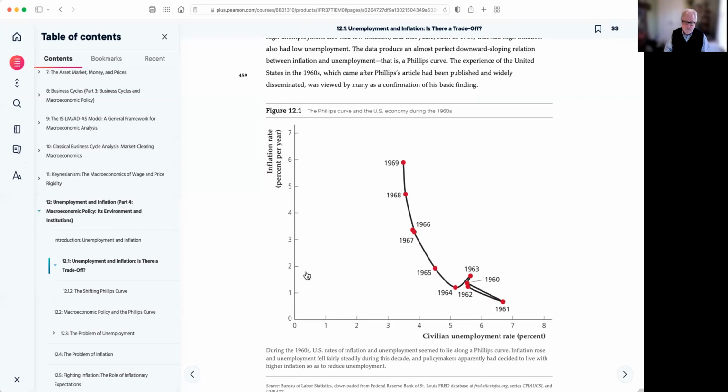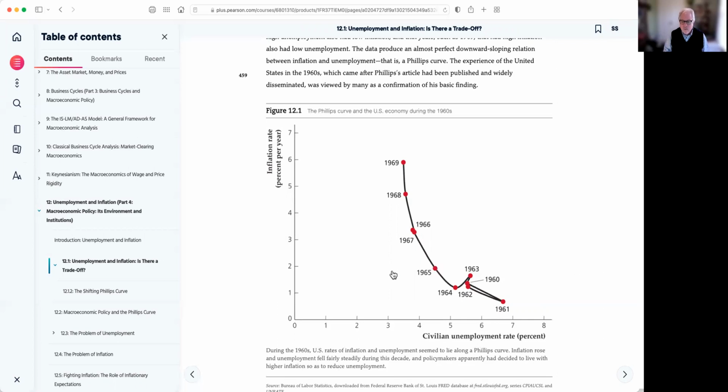Notice that I was going to point out right now the 2% inflation rate that we oftentimes talk about as a target for the Federal Reserve. Come across here, that's about a 4.5% unemployment rate. That would be about what full employment is, perhaps. We might think about it that way, although that can change, as we'll talk about in just a moment.